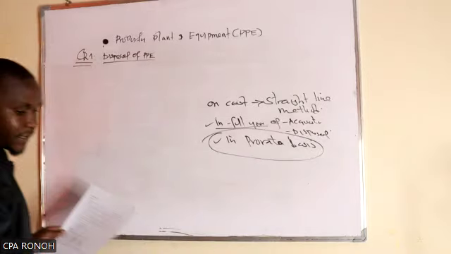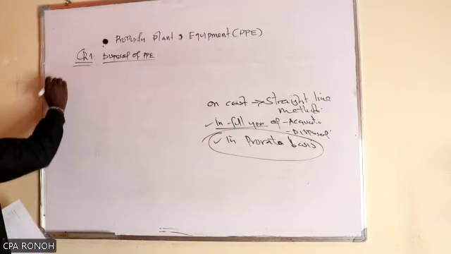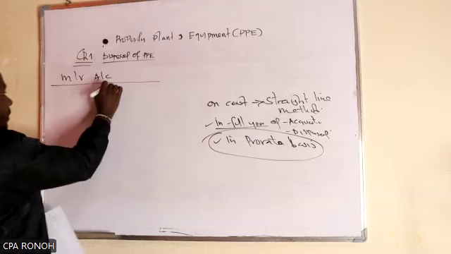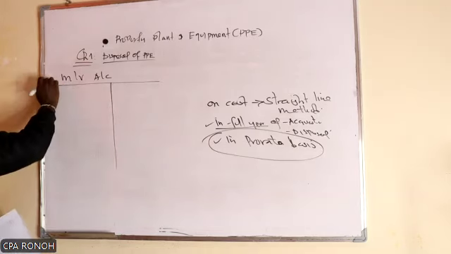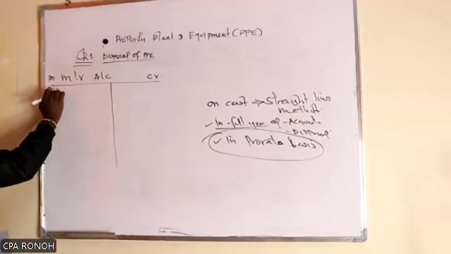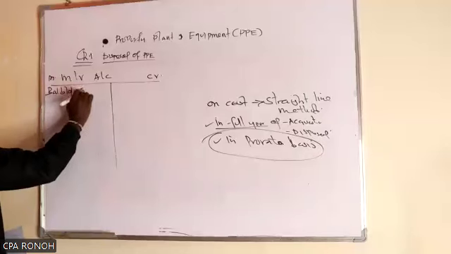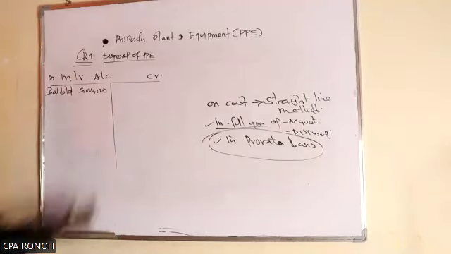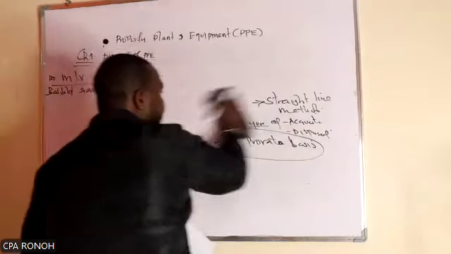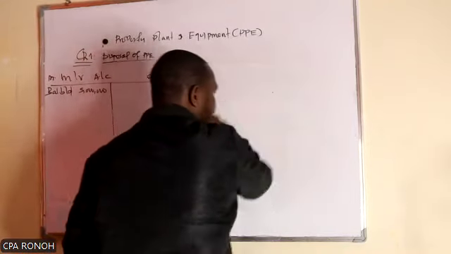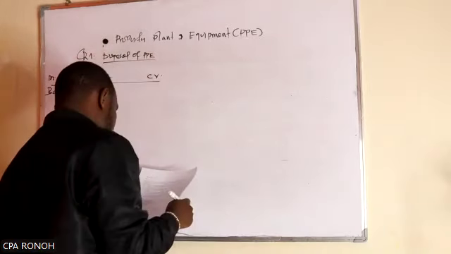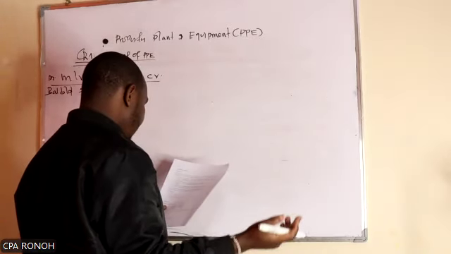Good. So with this, we can just open the motor vehicle account. We'll be using a T account, debit and credit. Balance brought forward, we have it 5 million. Also, you can open at the same time the provision for depreciation, which is what we call the accumulated depreciation account.